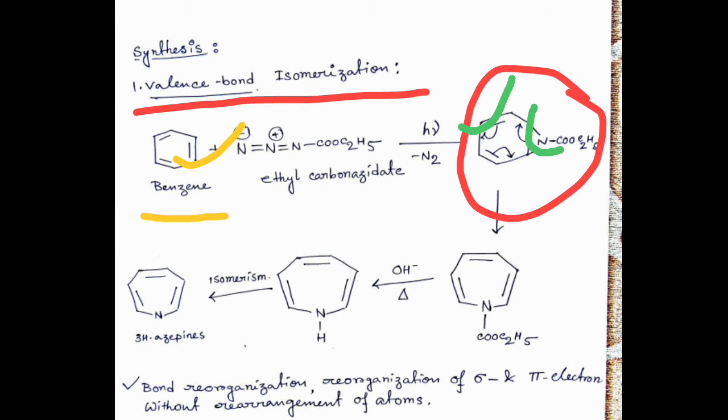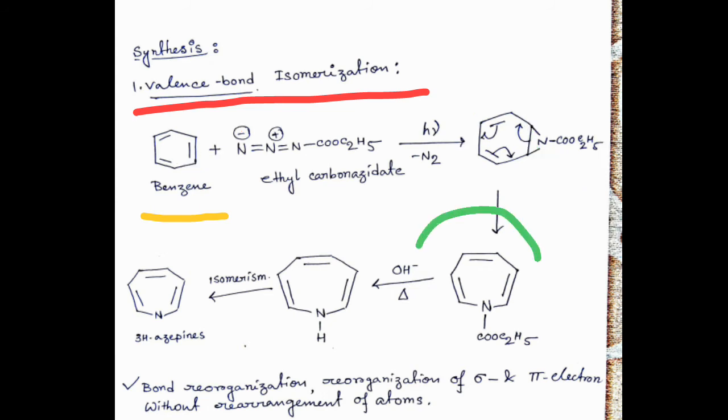Whenever there are modifications of the bond, this bond is shifted here, and there is also a shifted bond, and finally the double bond shifted into this one. So then finally we get this 7-member structure of azepine, obviously with a specific substituent present here.